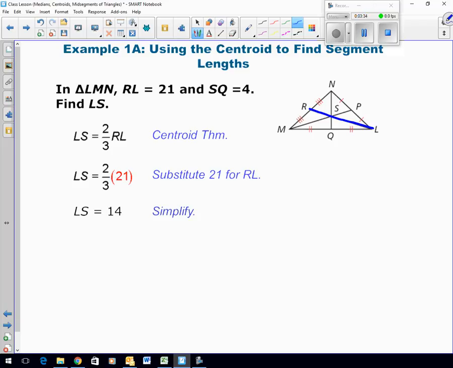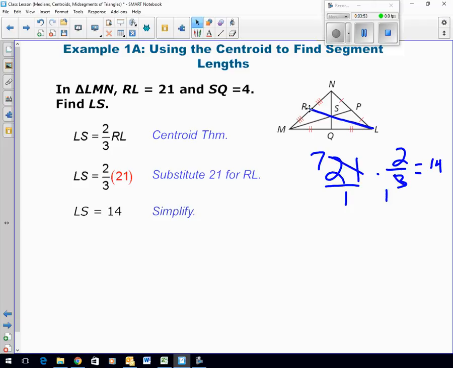Find L to S. Well, if the entire distance is 21, 2/3 of that distance is 14. This is 1/3, 7. 7 times 2 is 14. So really, you just need to remember to multiply things by 2/3, and you'll be okay.